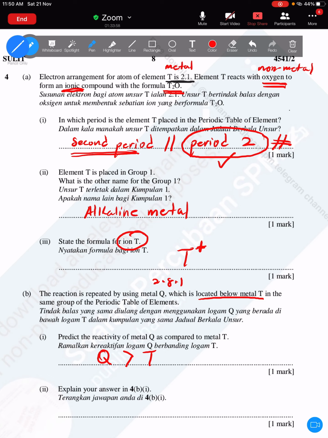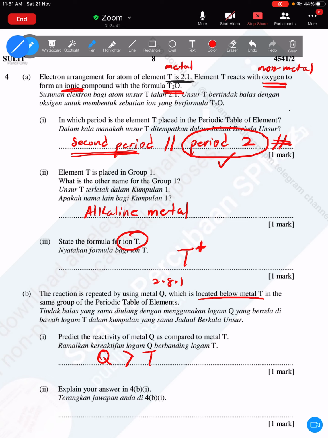Explain your answer. Tell me why Q is more reactive. Tell me. In your opinion, why is Q more reactive? The distance, guys. So what is the right word you should start with? Yes, girl, correct. That is the answer we want.